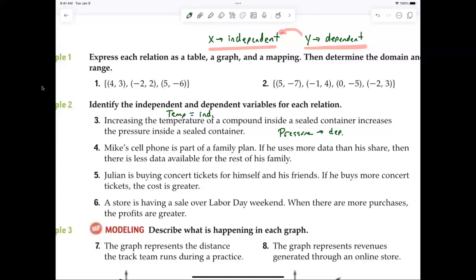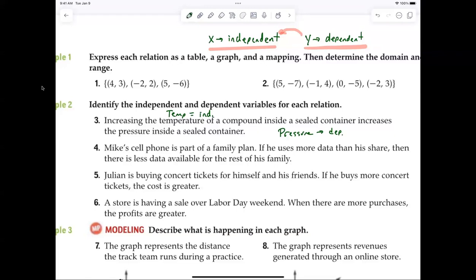All right, Mike's cell phone is part of a family plan. If he uses more data than his share, then there is less data available for the rest of his family. So to me, I think this is kind of obvious. The independent variable is who? Mike. Whatever he does is going to affect the what?